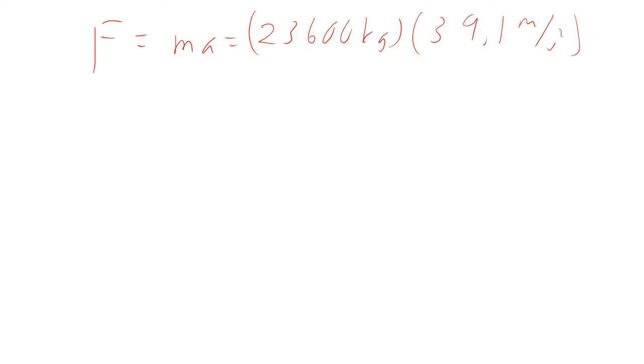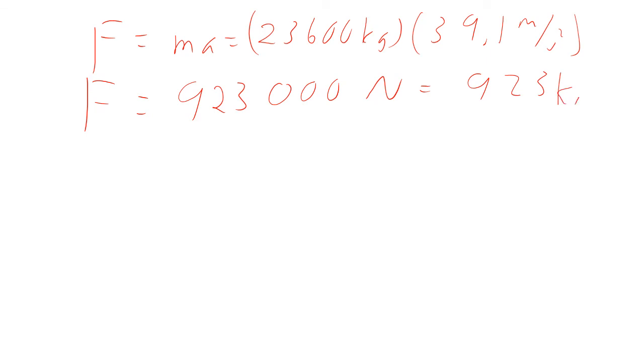So the force is ma, so that's 23,600 kilograms times 39.1 meters per second squared. So the force comes out to be 923,000 newtons, or in other words, 923 kilonewtons. Now this is equal to the engine force plus the catapult force.